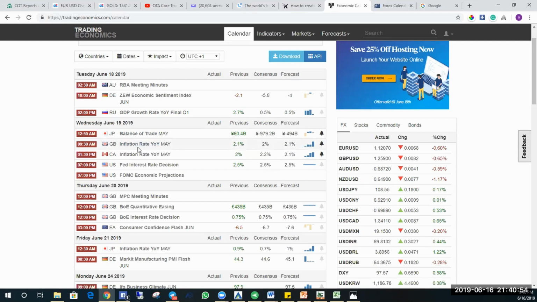On Wednesday, we are not really expecting any high impact news on Monday. On Wednesday, we have the Japan balance of trade for May. It is expected to drop from 60 billion, so that could represent a negative report for the Japanese yen. Inflation rate year on year for pounds is expected to remain flat.